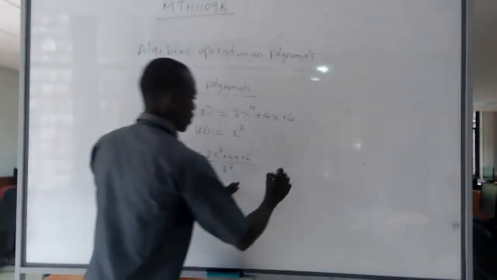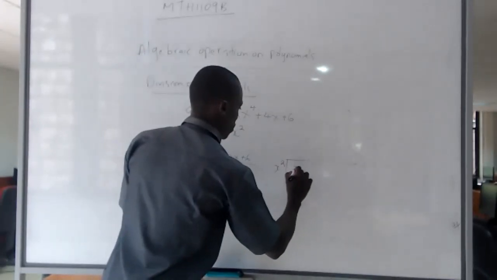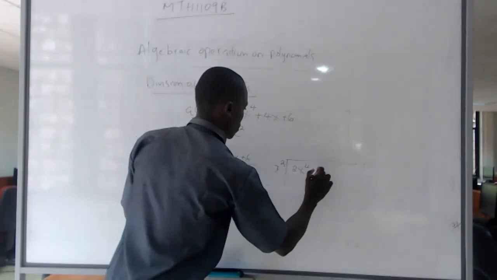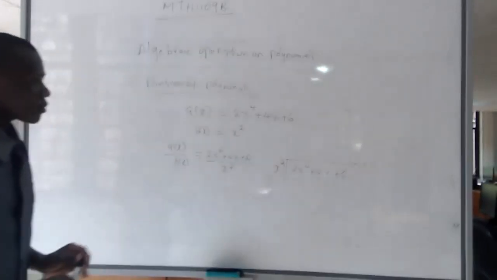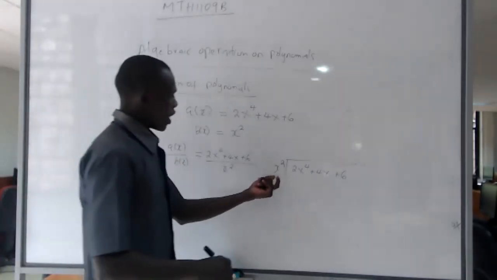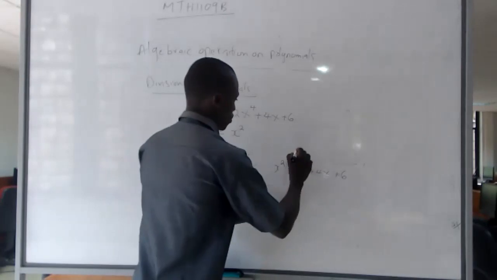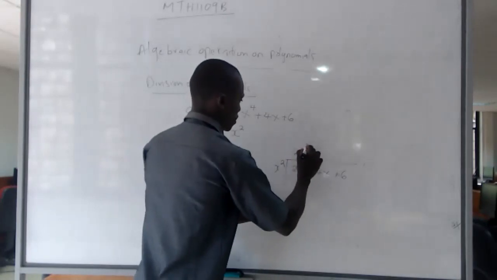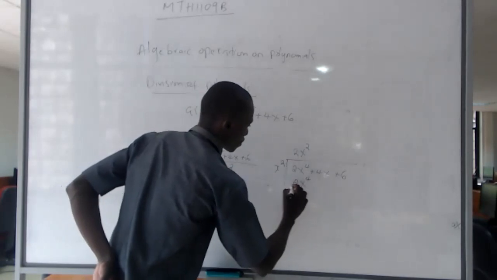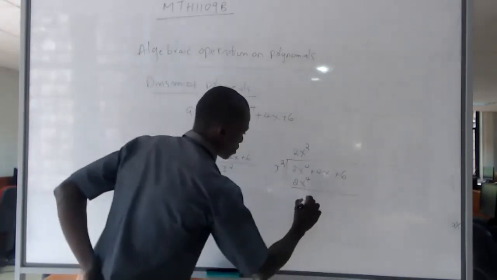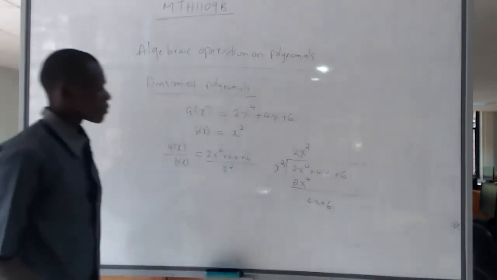Suppose you want to do your long division, so you have x squared, then 2x to the 4 plus 4x plus 6. How many times does x squared divide 2x to the 4? Of course, this will be 2x squared. So this gives you 2x to the 4. Subtract, you get 4x plus 6.